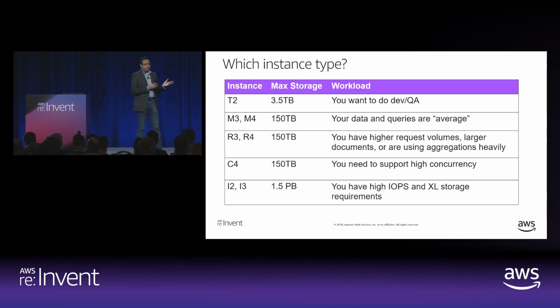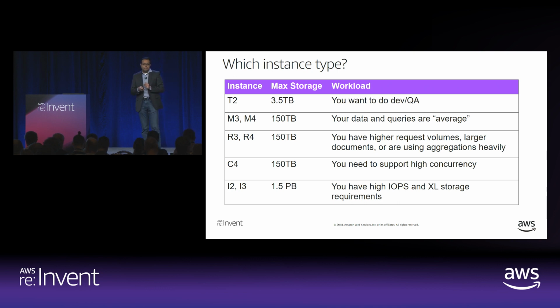You could use the C family when you need a lot more processing and you have a lot more concurrent requests or high indexing rates. And you can use the I series when you have high IOPS requirements or higher storage requirements. The I series, in general, is very suitable when you have large storage volumes, especially if you're considering consolidating some workloads together, which is going to increase your IOPS and storage.